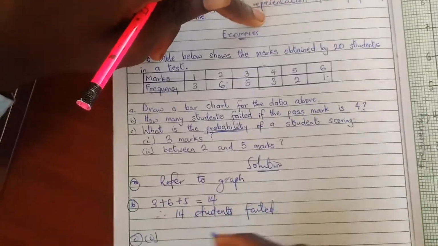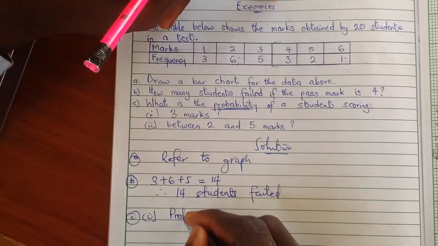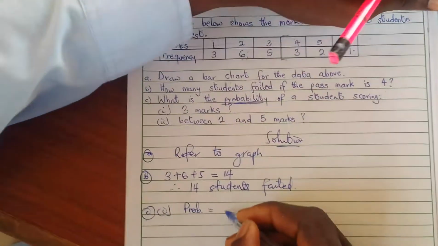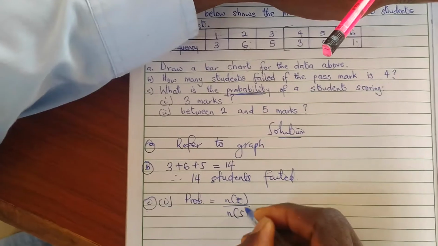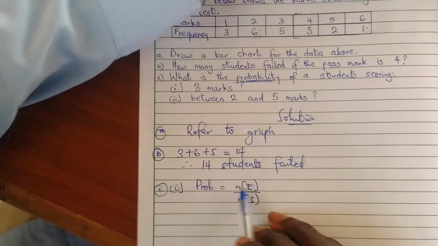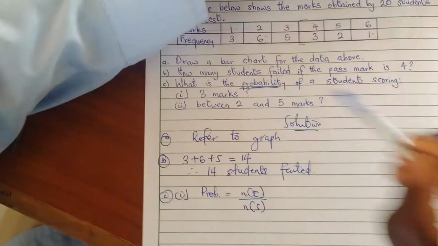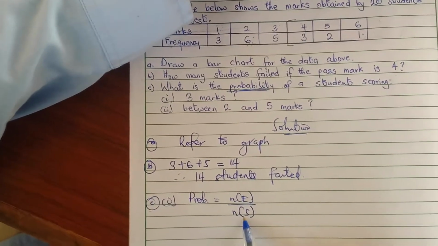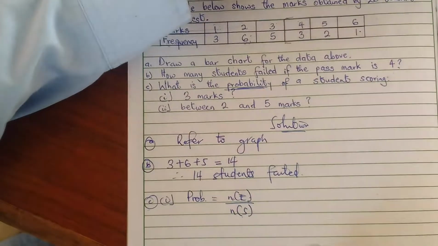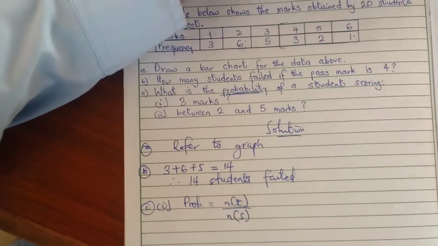So when we say probability, probability is being calculated as the number of events over the number of sample space. The number of events here is what the question is asking us to do. And the sample space is the total number of individuals or items.